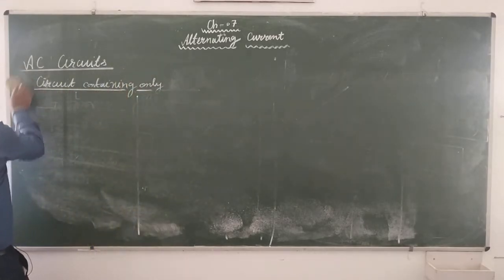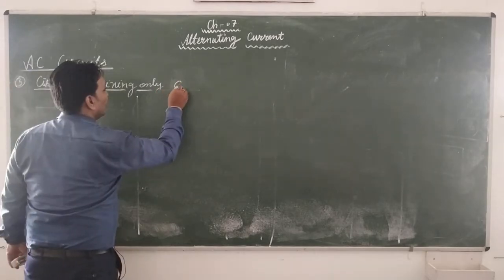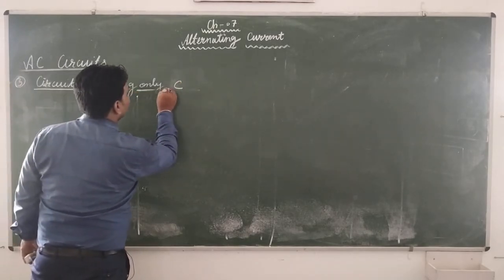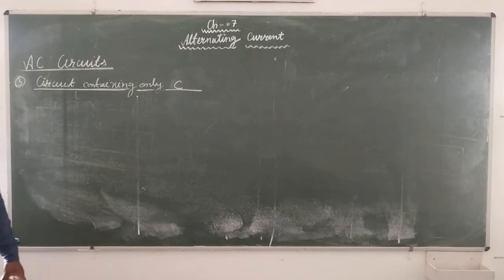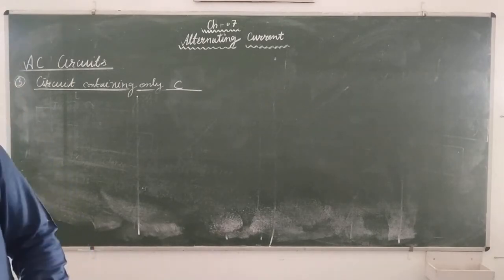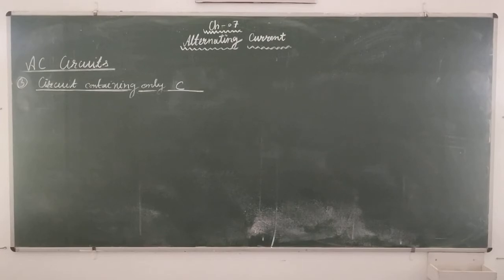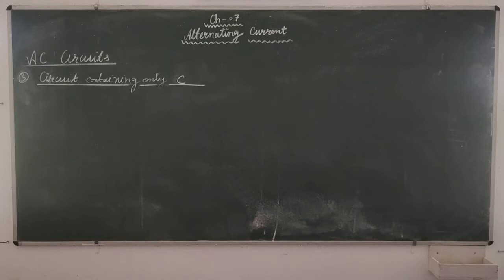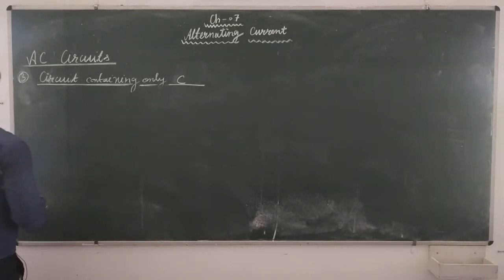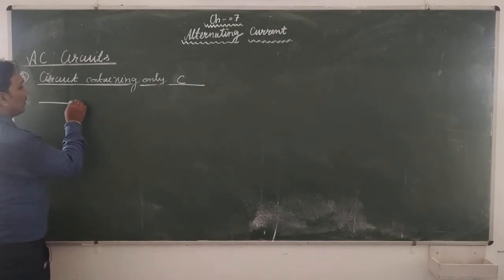Now we can start the third one. The third one is the circuit containing only C. C denotes capacitance. So how will the circuit look like?